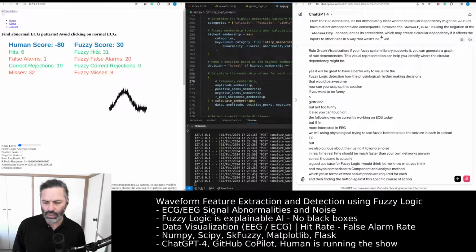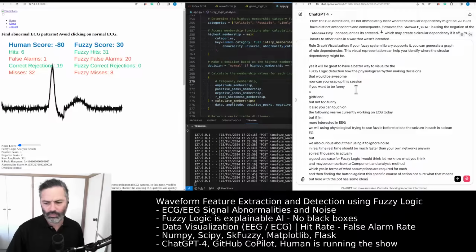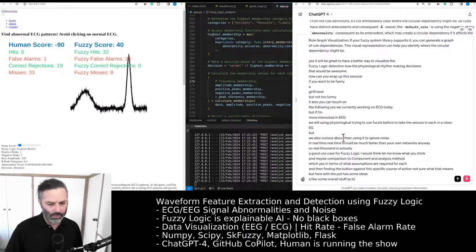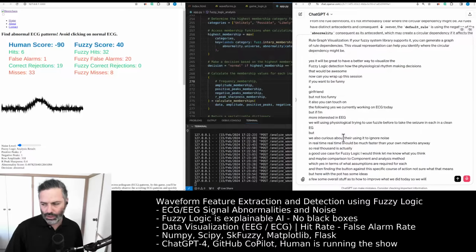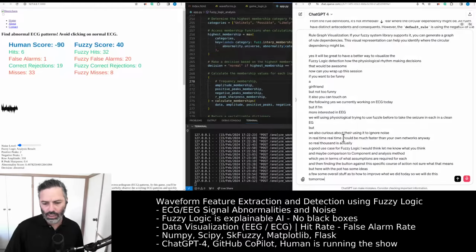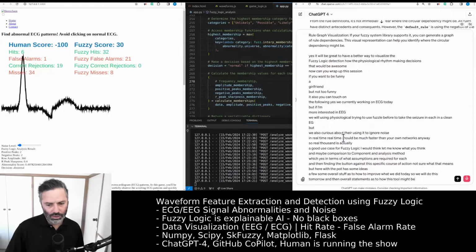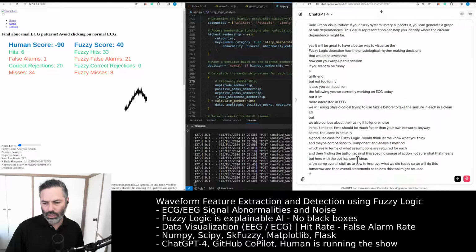Not sure what that means, but maybe the bot has some ideas. Give some overall stuff as to how to improve what we did today, so we will do this tomorrow, and any overall statements as to how this tool might be used.